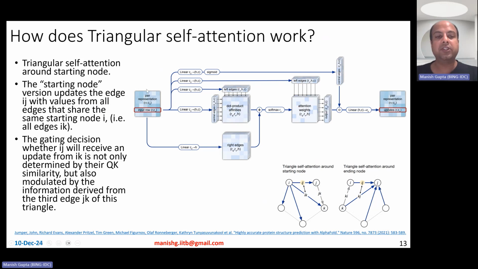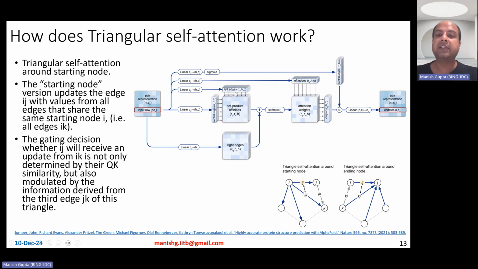So let's look at it. You have the original matrix and you're essentially doing QKV. By the way, you take the right edges and use that to create this RQ cross RV kind of matrix. And you take the central edge and compute the queries.